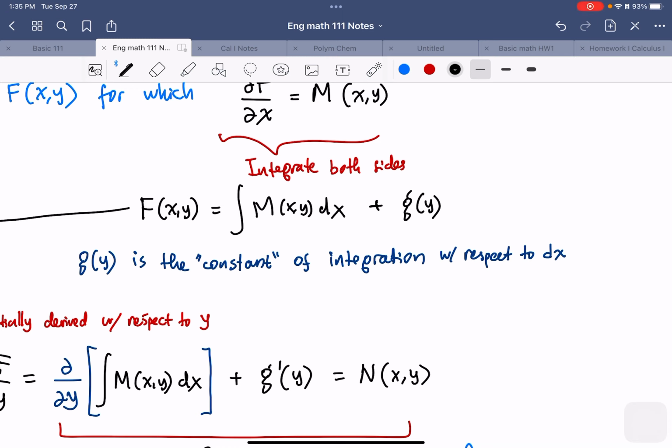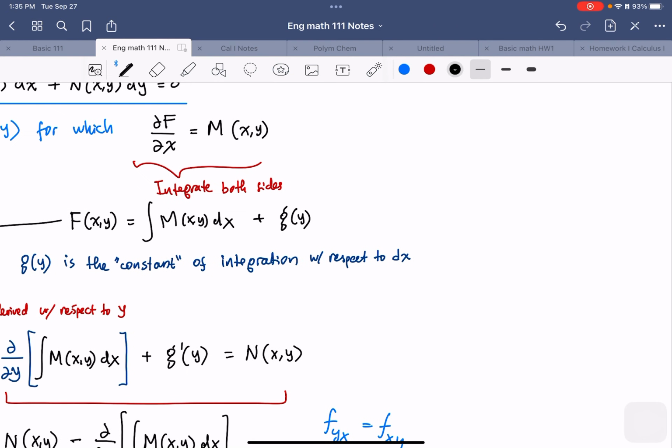So we can also check the alternative, that f, we can also use the N. But this will be dy, and this will be plus some function of x, let's say h.